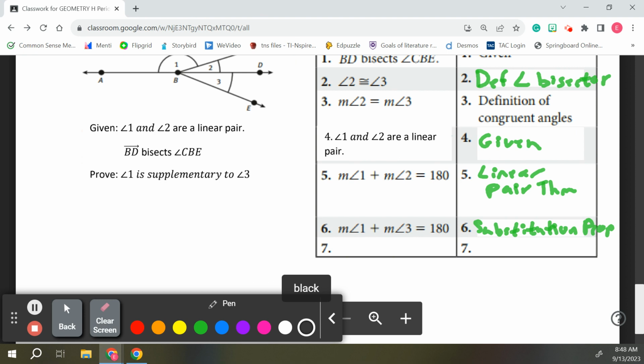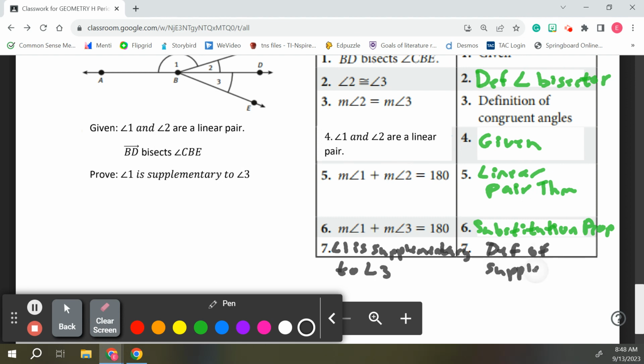They're supplementary. So angle 1 is supplementary to angle 3. What's my reasoning? Perfect. Definition of supplementary angles. You got your pencil. Supplementary. Because it is a proven statement, yes, you have to write out the whole thing.